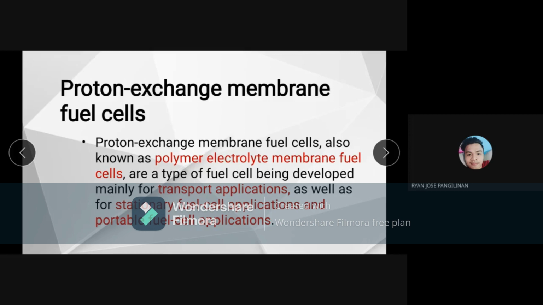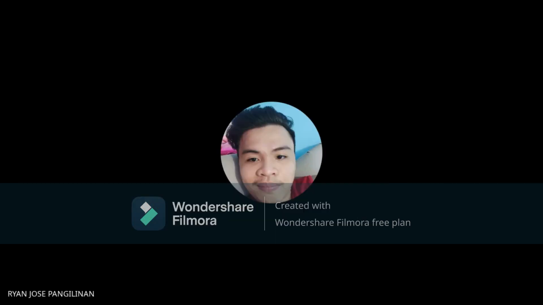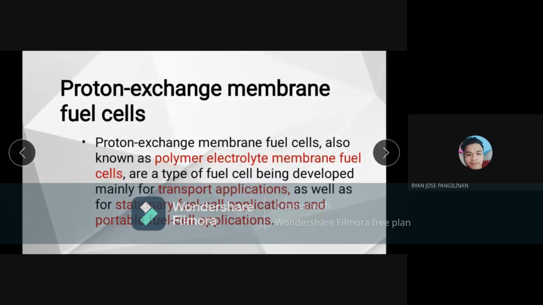Proton exchange membrane fuel cells, also known as polymer electrolyte membrane fuel cells, are a type of fuel cell being developed mainly for transport applications, as well as for stationary fuel cell applications and portable fuel cell applications.